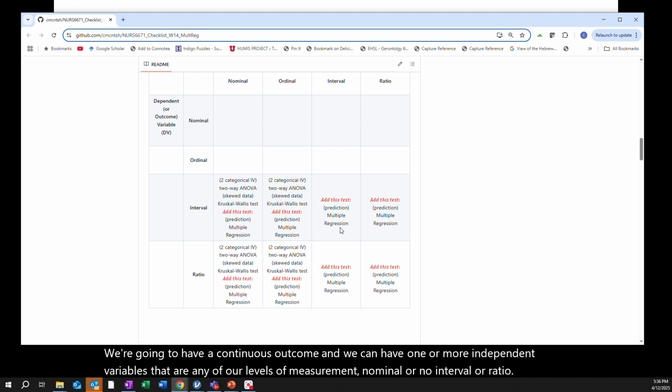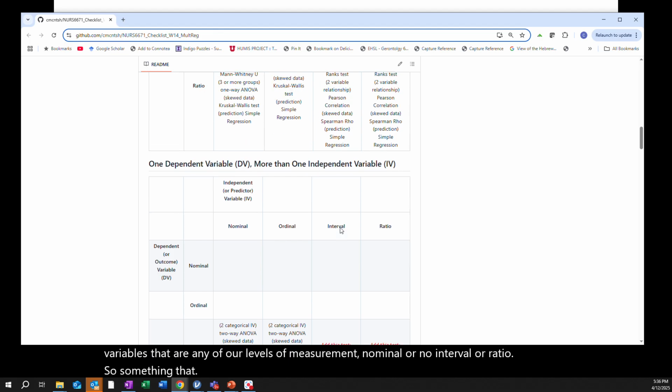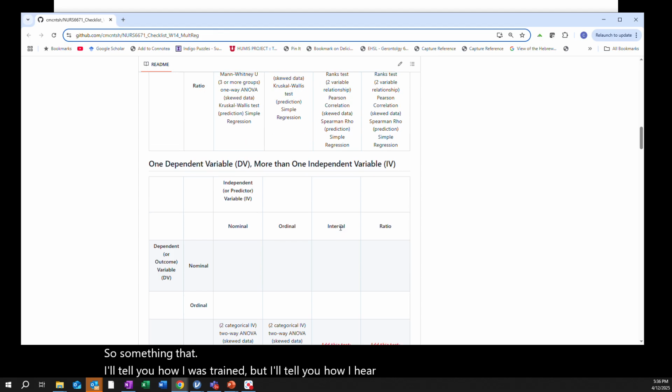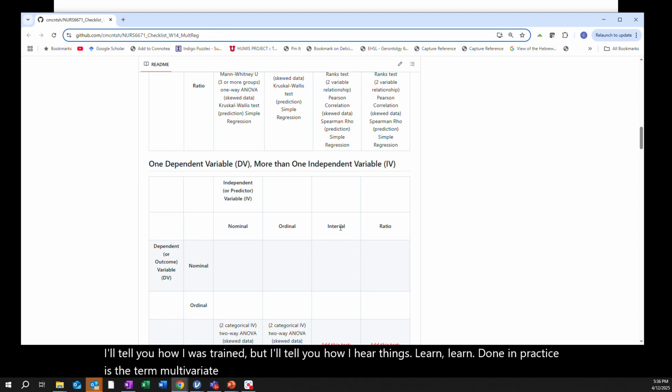Something that I'll tell you, how I was trained, and how I hear things done in practice, is the term multivariate statistics. When I was trained, when you hear that term multivariate statistics, that is referring to the dependent variable, your outcome.